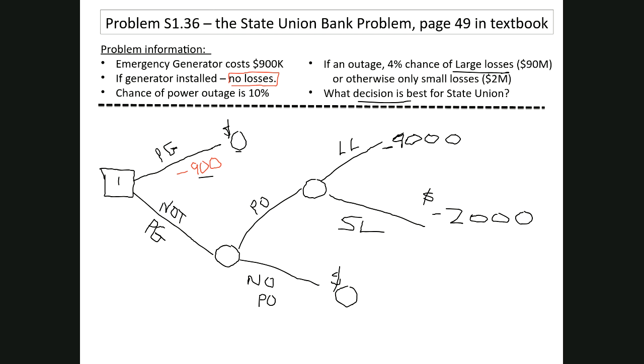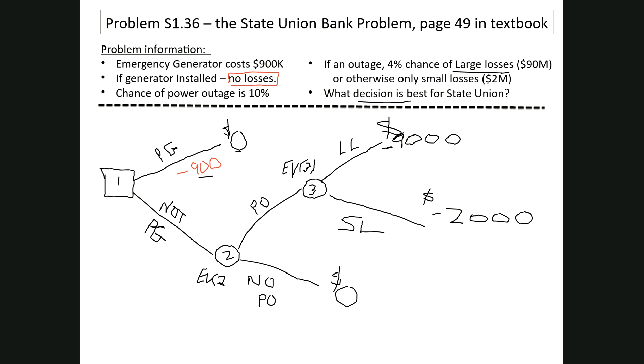So now the question that completes our decision tree, and I'm going to leave it for you to solve, is how do you calculate, and let's call this location 2 and location 3, the expected value at location 3 and the expected value at location 2?